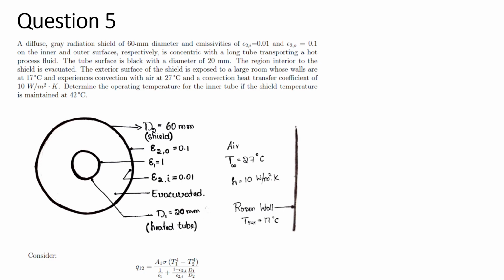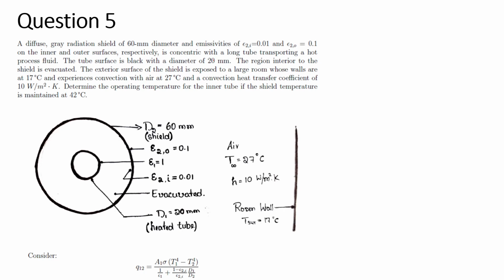So let's try to solve this question. The question states that a diffuse gray radiation shield of 60 mm diameter and emissivities epsilon 2I equal to 0.01 and epsilon 2O equal to 0.1 on the inner and outer surfaces respectively is concentric with a long tube transporting a hot process fluid.